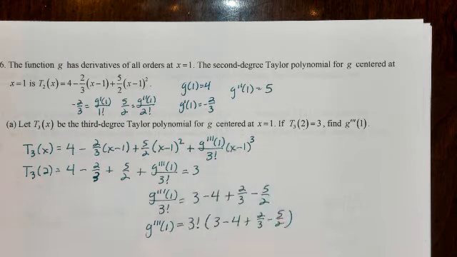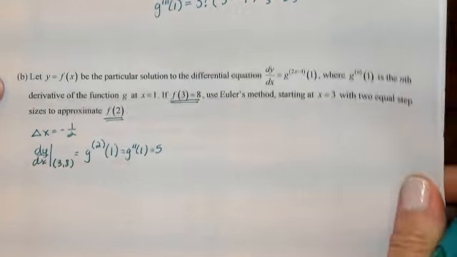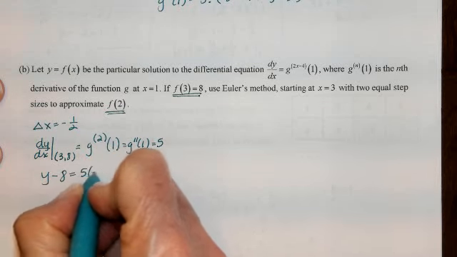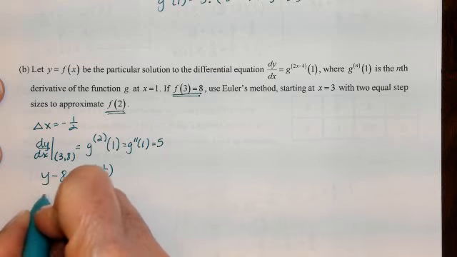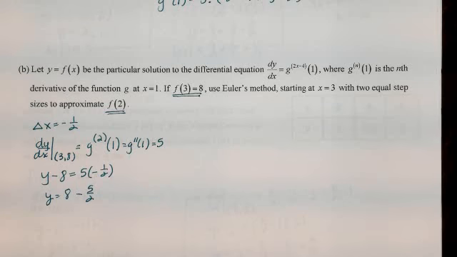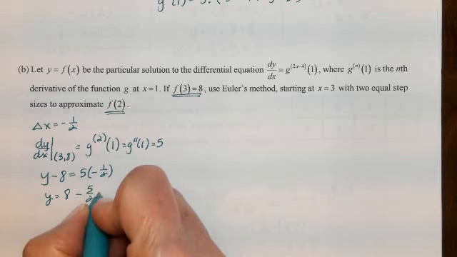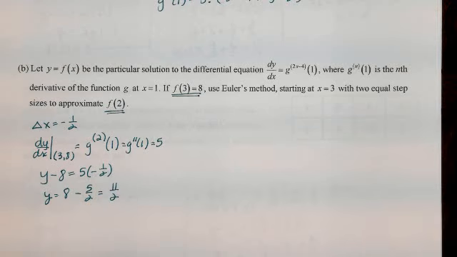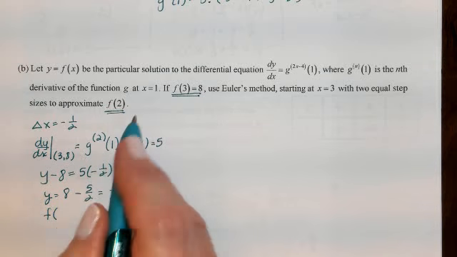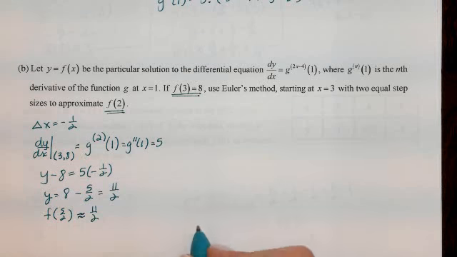G double prime of 1 is 5. So this first step, that slope is 5. The change in y is the slope times delta x. So y will be 8 minus 5/2. 8 is 16/2, and 16/2 minus 5/2 is 11/2. So our first stopping point, we started at 3, we're heading to 2, we're halfway there, so we're at 5/2. F at 5/2 is approximately 11/2.